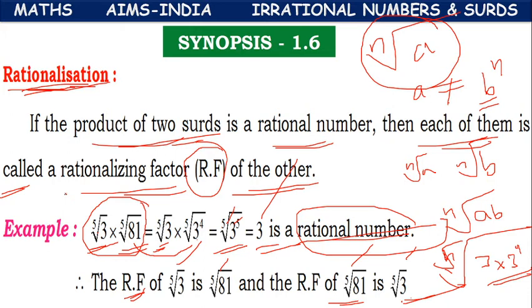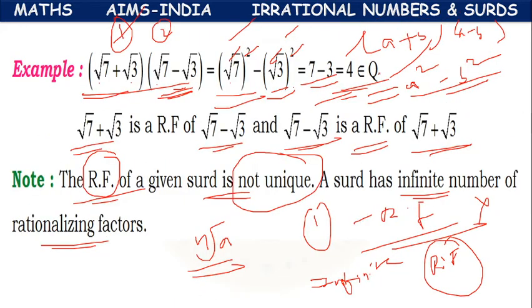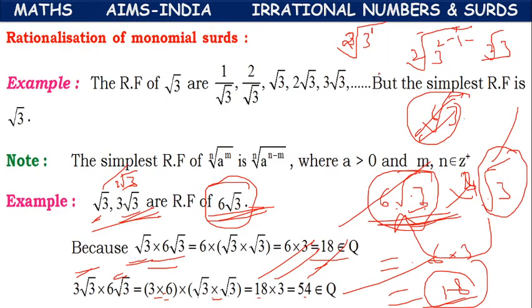So for the fifth root of 81. We have 81 means the fifth root of 3 power 4. But for cancellation we need 3 power 5. So one more 3. The fifth root of 3 is the rationalizing factor of the fifth root of 81. So rationalization of monomial surds.